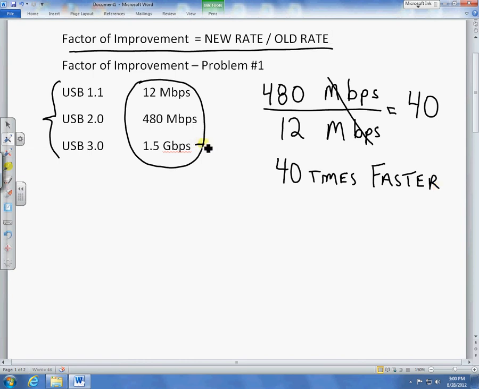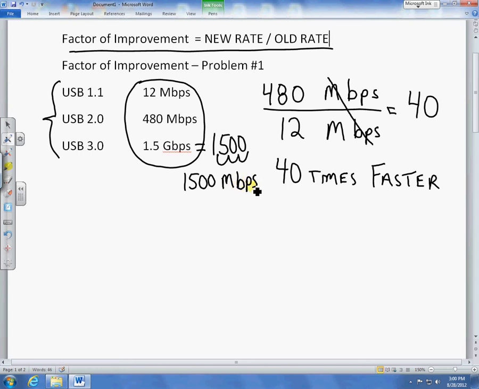We move the decimal point 3 places, 1, 2, 3, to keep our units the same. So 1.5 gigabits per second is actually 1,500 megabits per second. Now our units are the same.